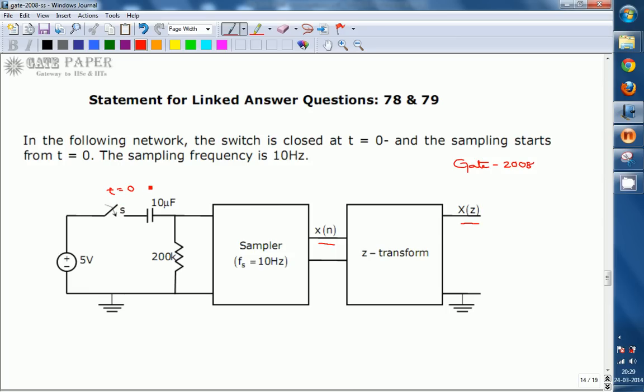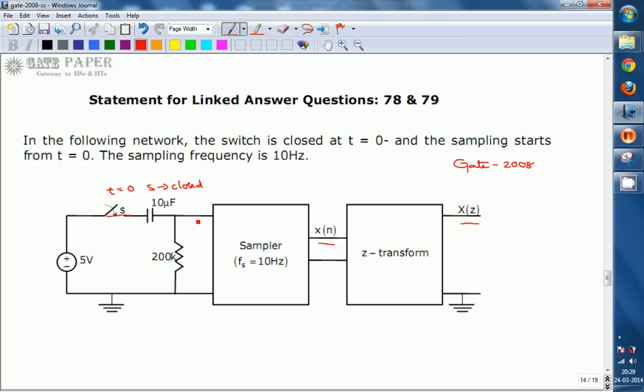So at t equals 0, the switch S is closed. Then we can observe that the capacitor and resistor are both connected in series with a DC voltage of 5 volts. So this acts like an RC circuit applying a step voltage of amplitude 5 volts.